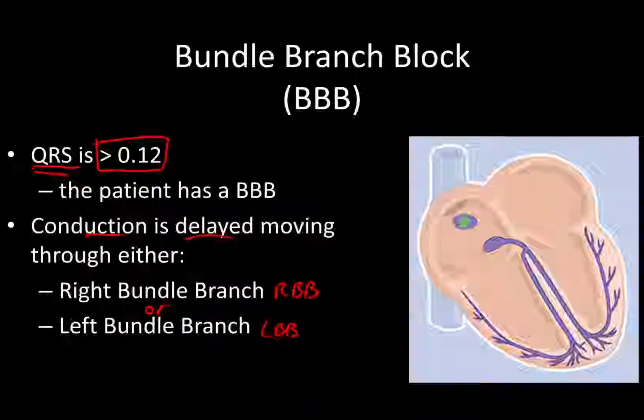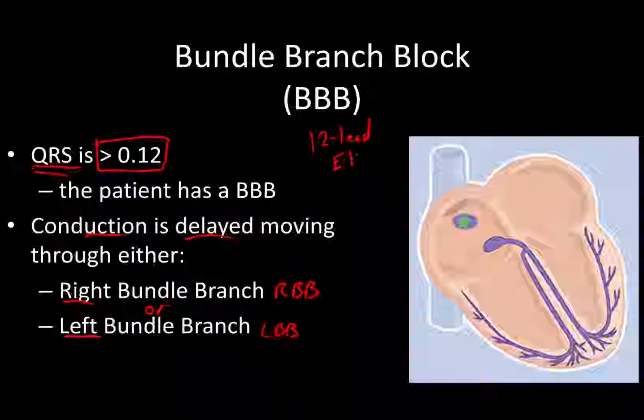For those who are curious, in order to truly define the difference between a right bundle branch versus a left bundle branch block, you need to have a 12 lead EKG, because it requires all 12 leads in order to really pinpoint which side of the heart is being disrupted, whether it's the right side or the left side.